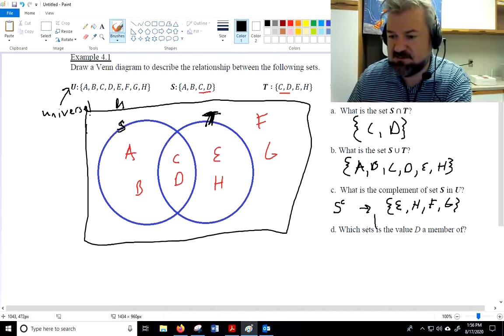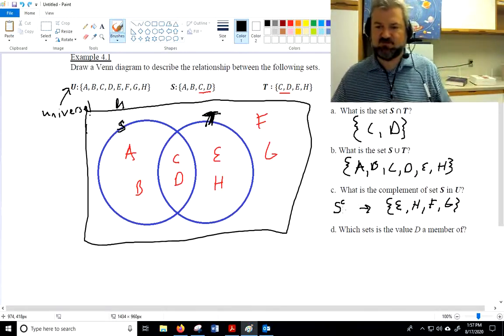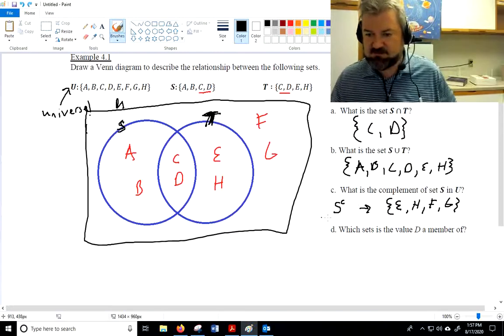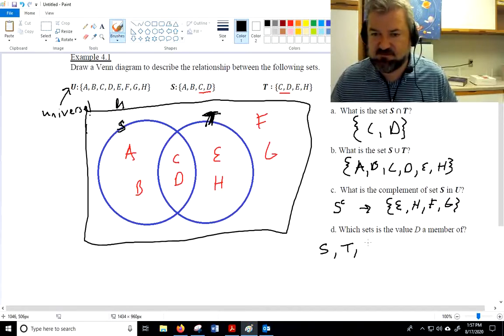Which sets is the value D a member of? Possibly more than one. Well, it's a member of set S. It's a member of set T. It's definitely a member of set U, right? Now, we could probably stop there, but could we add some more?